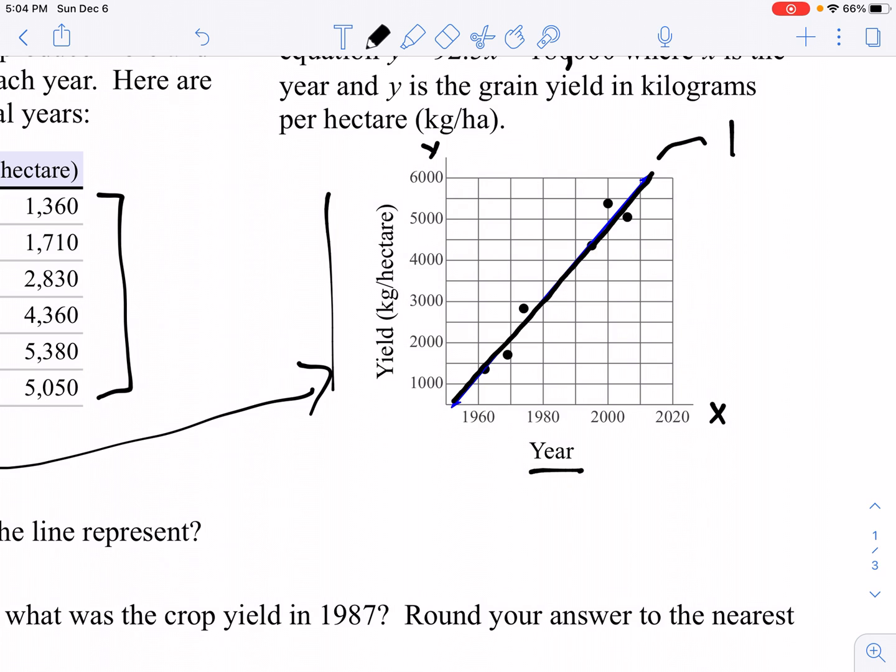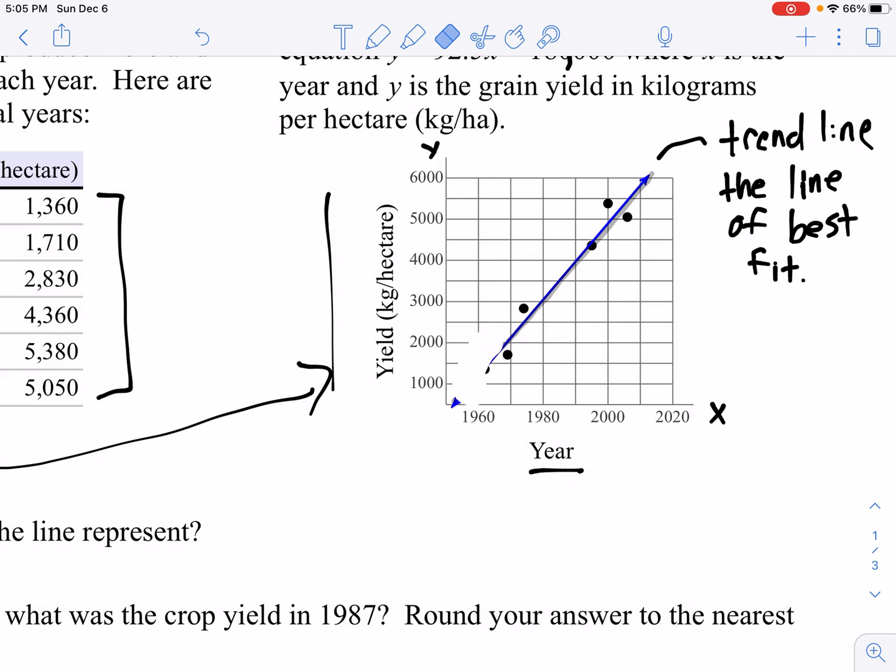This is the trend line, or the line of best fit, because it's the line that best matches the data. It shows the general trend of the points as we plot them.